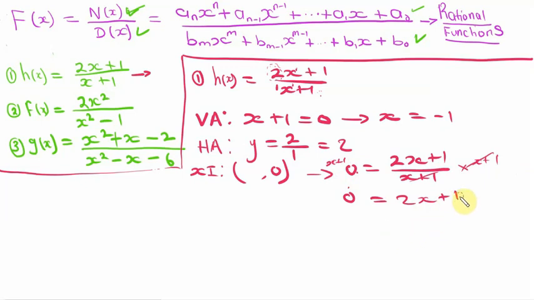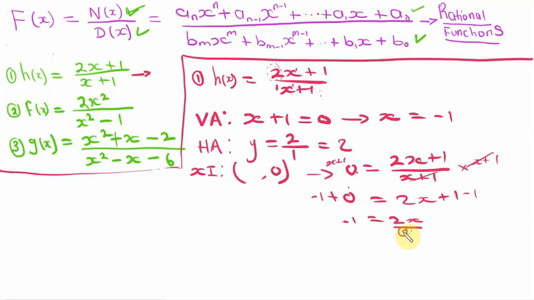Then minus 1 on both sides, so we have negative 1 equals 2x.